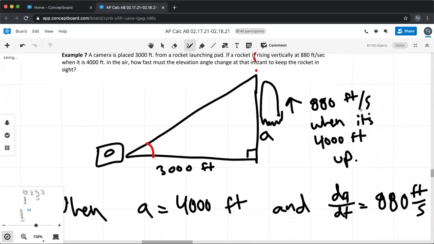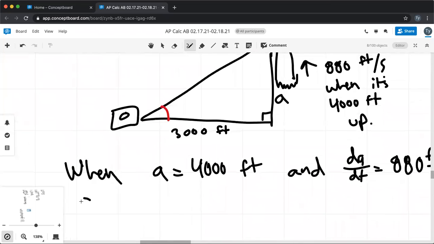This is dA/dt because it's the rate of change over time that A is changing. Find the rate of change of the elevation angle.